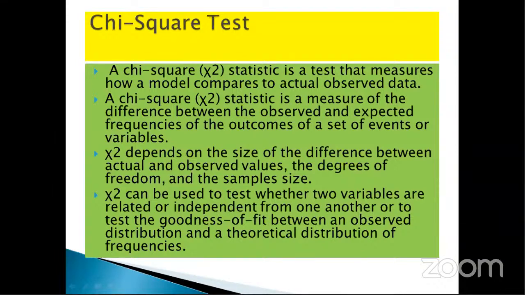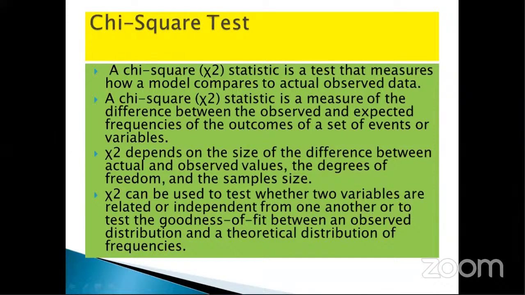Now, your chi-square depends on the size of the difference between the actual and observed values, the degrees of freedom, and the sample size that you will use. The chi-square can be used to test whether two variables are related or independent from one another, or to test the goodness of fit.